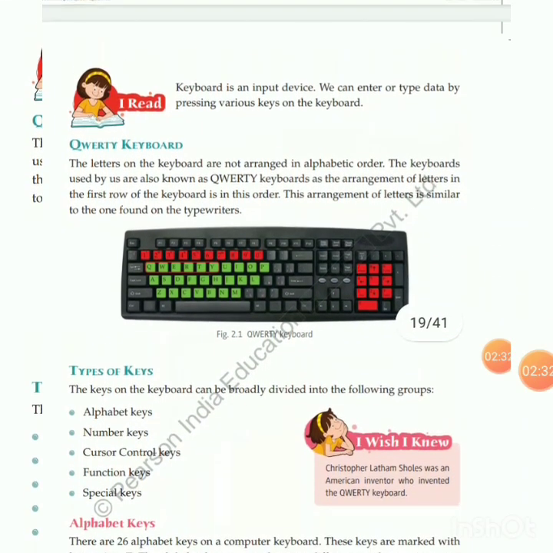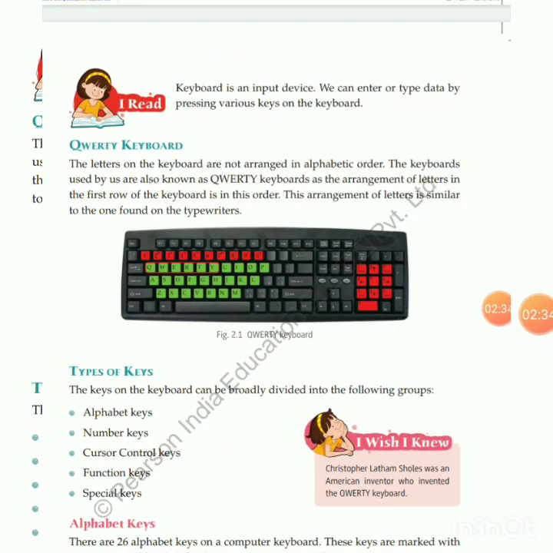The keys on the keyboard can be broadly divided into the following groups: alphabet keys, number keys, cursor control keys, function keys, special keys. It means the computer keyboard can be divided into the following groups. How many groups are here? There are 5 groups.